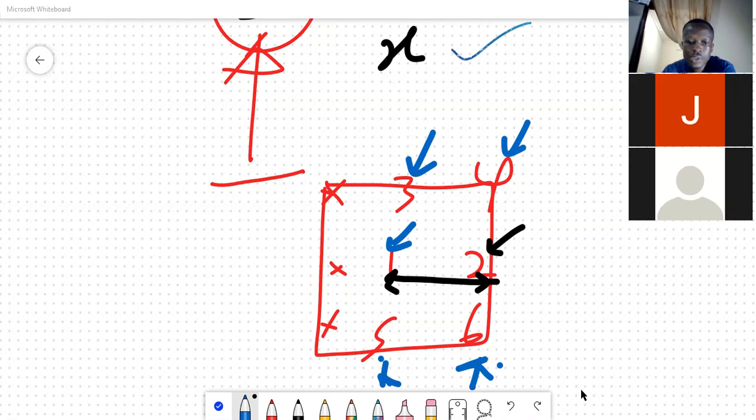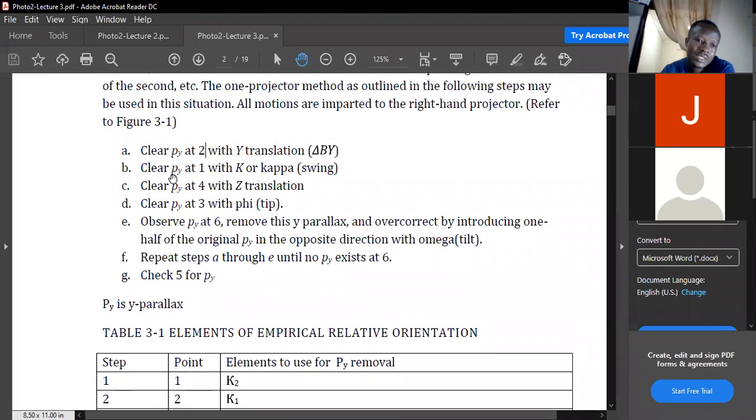Let's go back to our material. There are steps. You work from 1, 2, 3, 4, then you go to 6, check the parallax there, and then you repeat. This is like an algorithm.